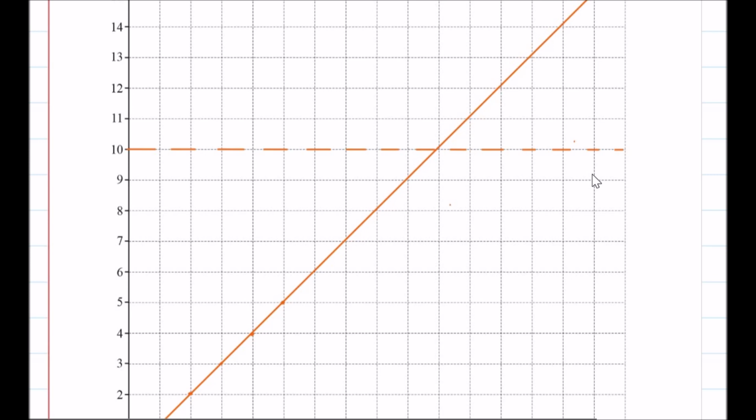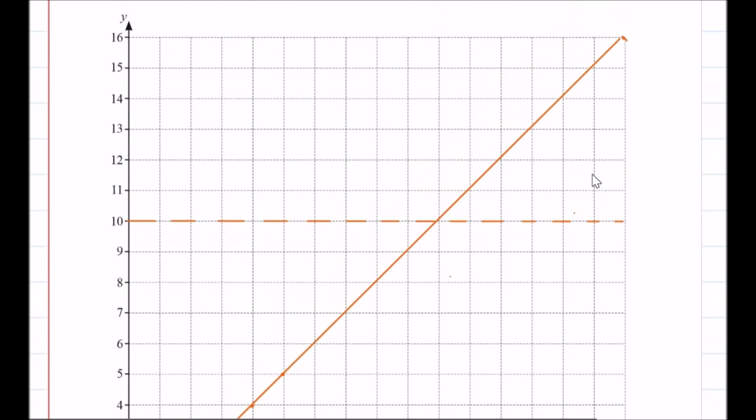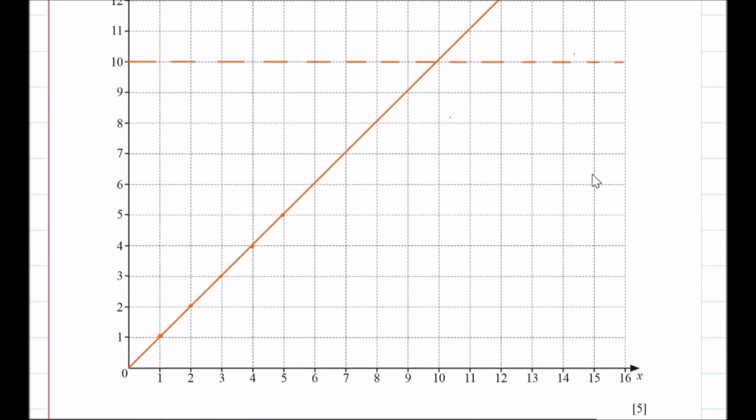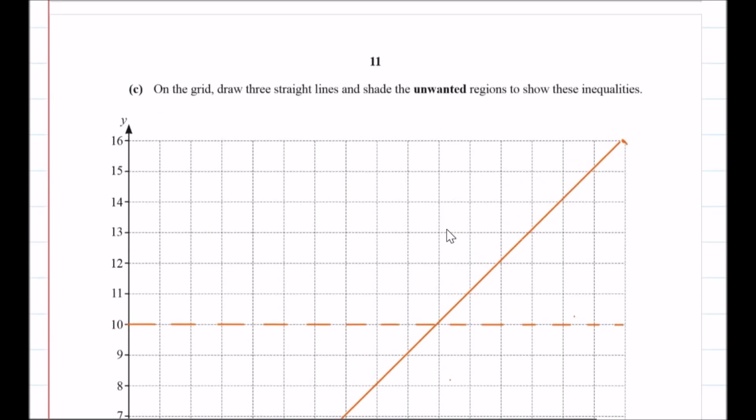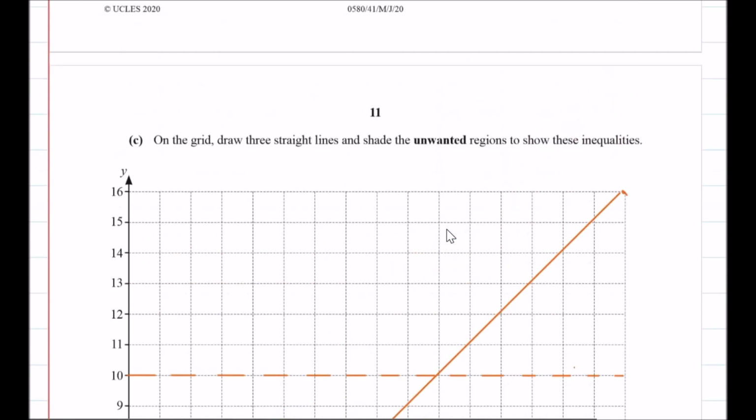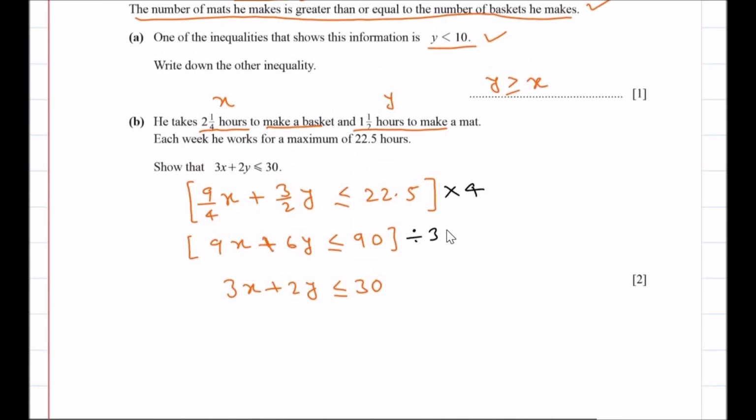And this will be a solid line because we have greater than equal to y. Equality also involved there. Okay, solid line. Now let us take the next part. The next inequality is 3x plus 2y less than equal to 30.